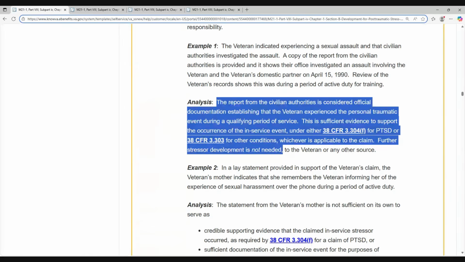So they would talk about different things, and you would be speaking with the rater historically and talking to them about the markers. But if you had this evidence, you wouldn't need to talk with a rater, and it would be much easier to clear the pathway for you to get granted for the MST or personal trauma related stressor.